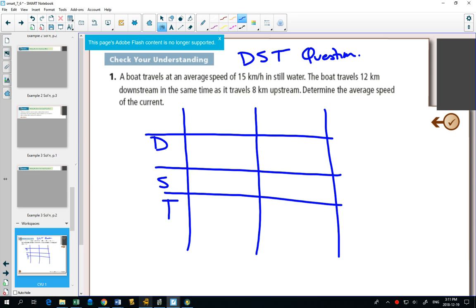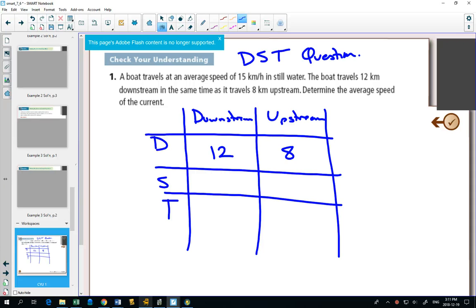We have downstream and upstream. What do we know? We travel 12 kilometers downstream in the same time that we go 8 kilometers upstream.